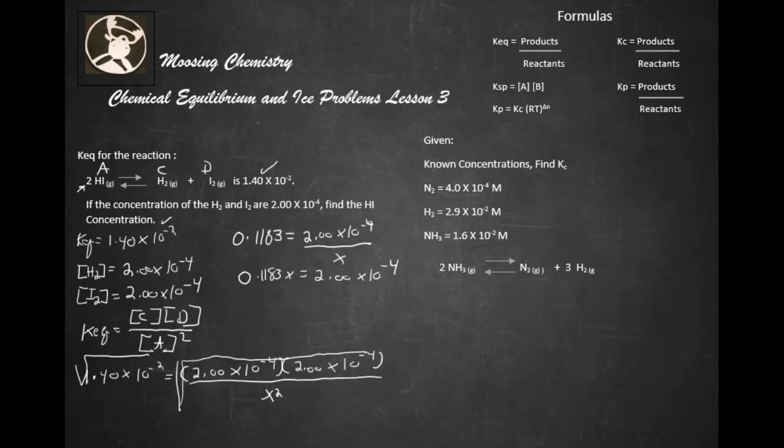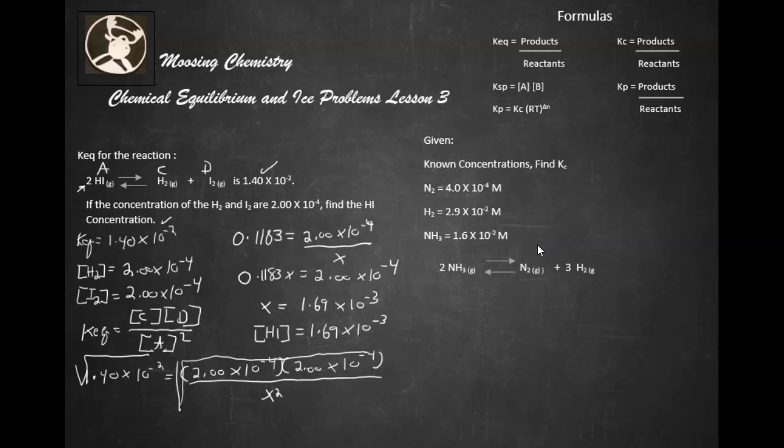Then all I have to do is bring the 0.1183 over and divide it into that number. And when I do that, that's going to give me 1.69 times 10 to the negative 3. So our HI concentration is going to equal 1.69 times 10 to the negative 3. Pretty darn snarly, I say.